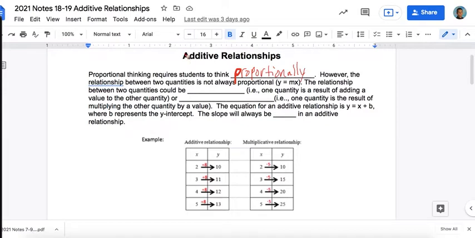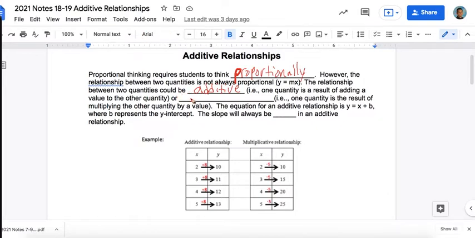The relationship between two quantities could be additive. And the example being one quantity is a result of adding a value to the other quantity. And remember, we can also add negatives as well, which would be a subtraction pattern.